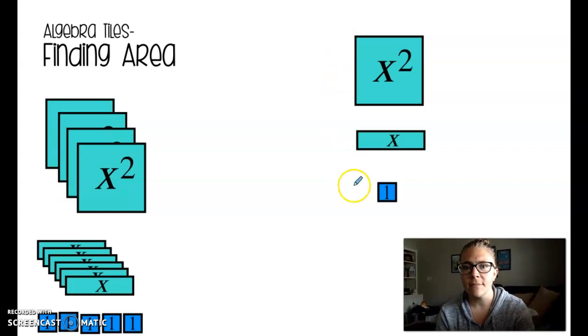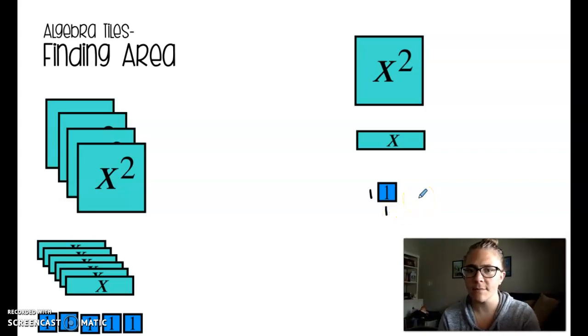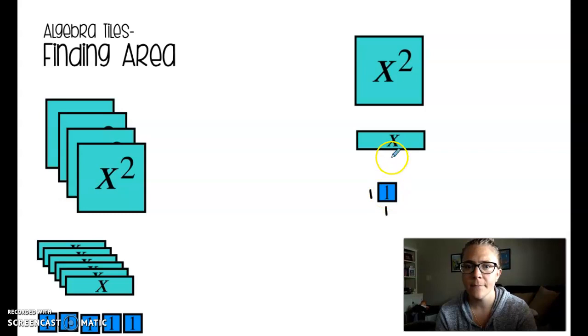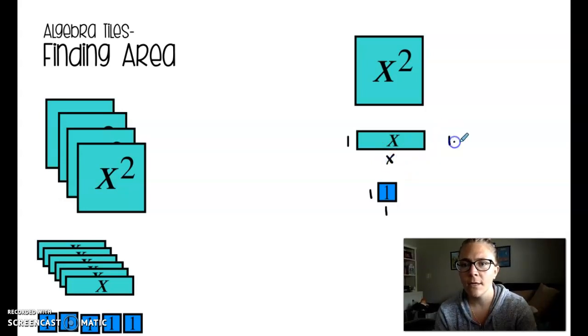So they're named because this one has a side length of 1 and a base of 1. If you find the area of this square, you would do 1 times 1, which equals 1. This tile right here has a height of 1 and an unknown length, so its area is 1 times x, which is just x.